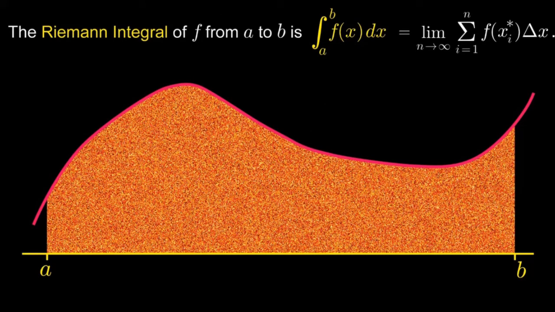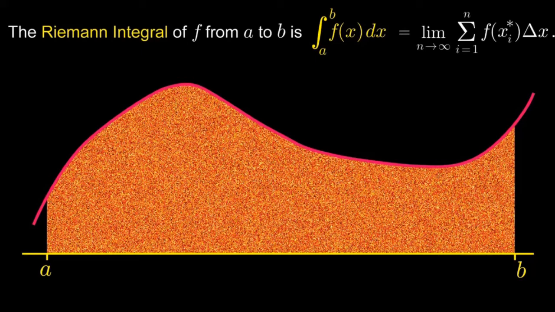Finally, we define the Riemann integral of f from a to b. Using this notation, it is defined as the limit of the Riemann sum as n goes to infinity, n being the number of subintervals. So now look closely at the notation.